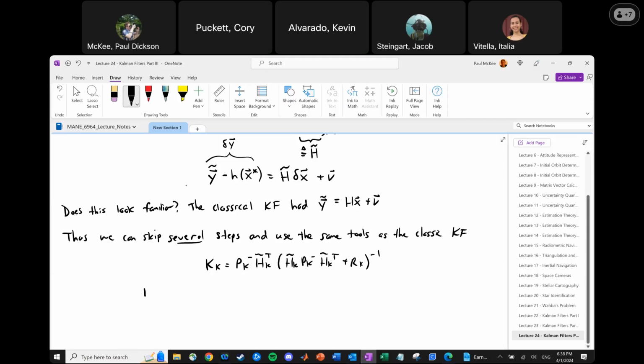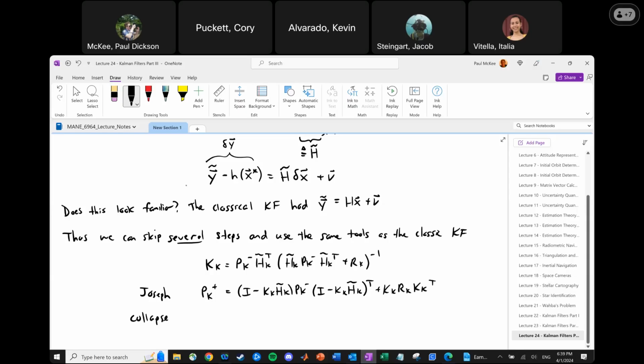And then we also have the Joseph form of the covariance update. So it's going to look like Pk plus is equal to I minus K Hk Pk minus I minus K Hk transpose plus K Rk K transpose. Or the collapsed form, if that's your fancy.